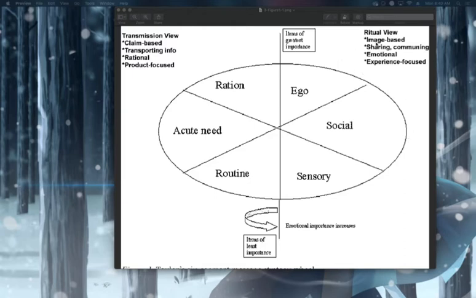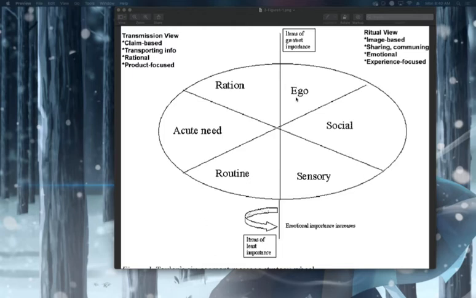But again, I really like this idea of image-based or experience-focused, because that's what they are. You might have products that don't take in a whole lot of rational or claims-based material, but are more about selling the experience. It's less of buy my product, and more of be a part of our product or service or whatever it is.